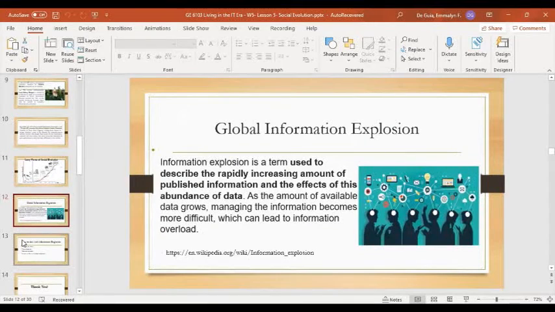Let's proceed now to global information explosion. Information explosion is a term used to describe the rapidly increasing amount of published information and the effects of this abundance of data. As the amount of available data grows, managing the information becomes more difficult, which can lead to information overload.